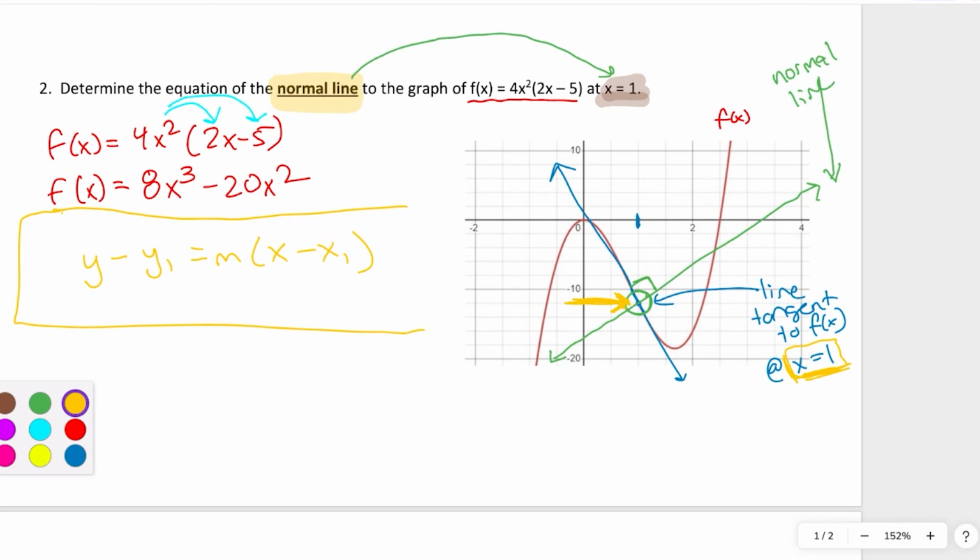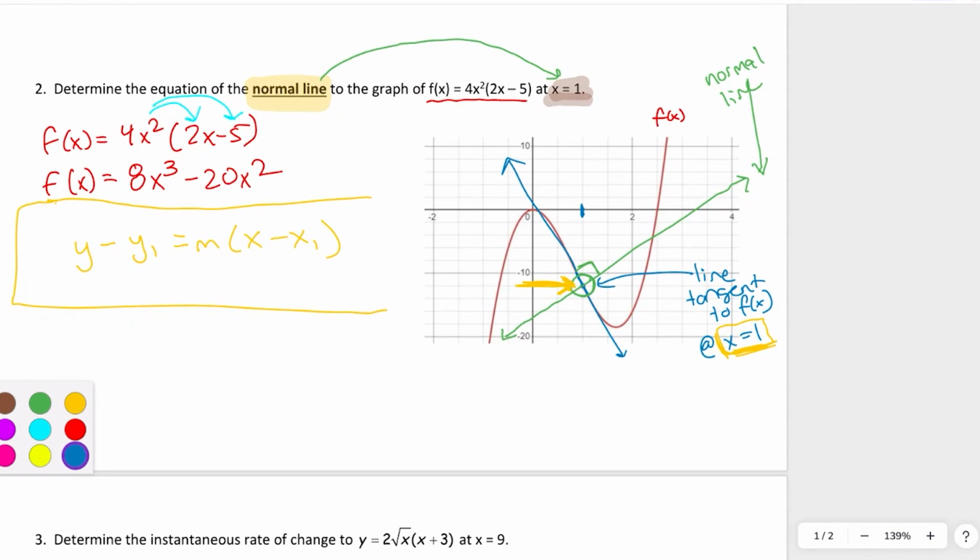So to find that y coordinate, I'm just going to substitute 1 into my function. So I'm going to need this for my y1. So f of 1 is equal to 4 times 1 squared times 2 times 1 minus 5. So that's going to be 4 times 2 minus 5 is negative 3.